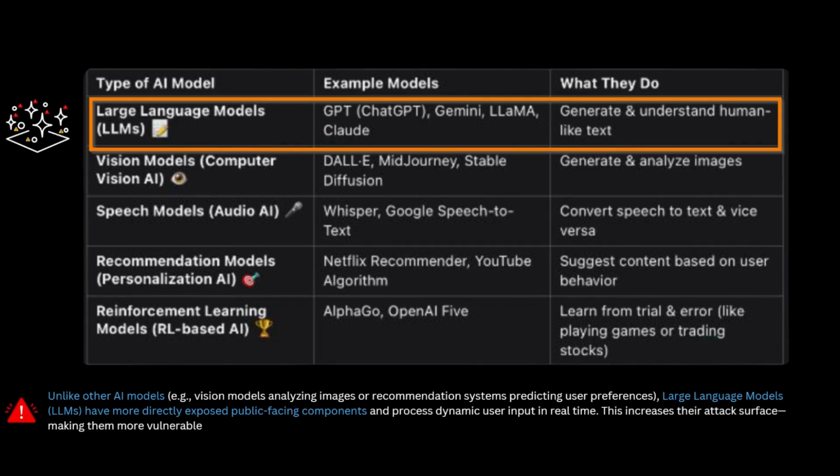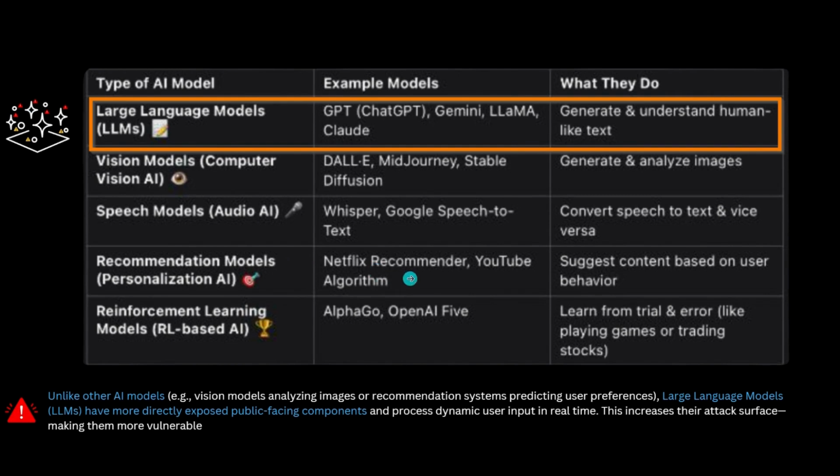To begin, let's first understand where large language models fit in the AI ecosystem. Different AI models serve different purposes. For instance, computer vision models analyze images, speech models process audio, and recommendation systems predict user behavior.